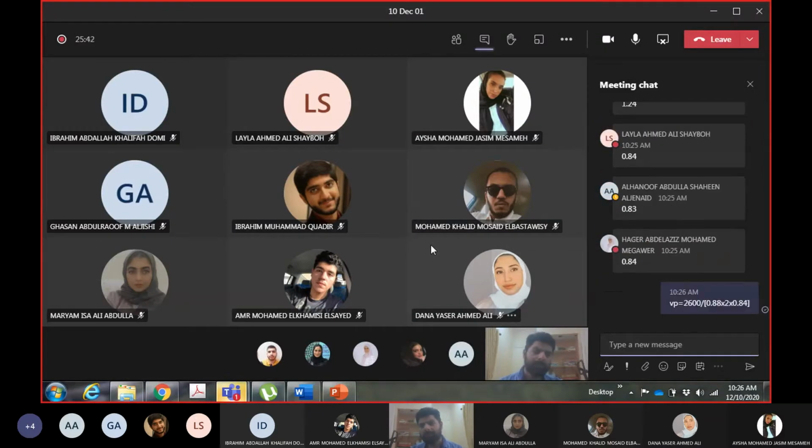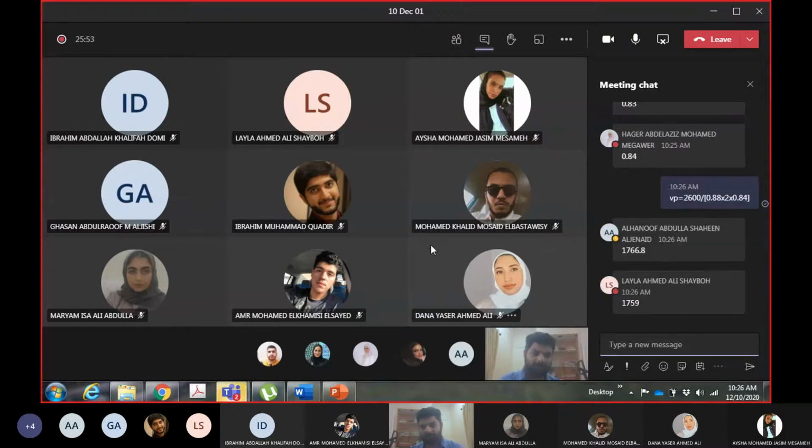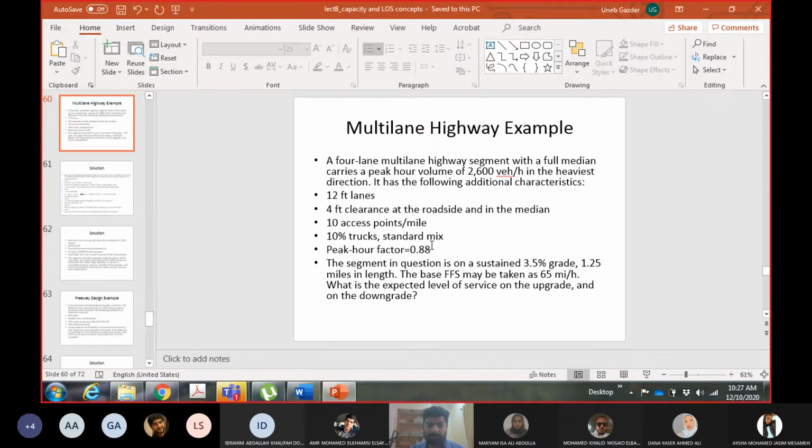How much is it? 1667. 1667 or 1659. Anyone else with the value? Is it 67 or 59?